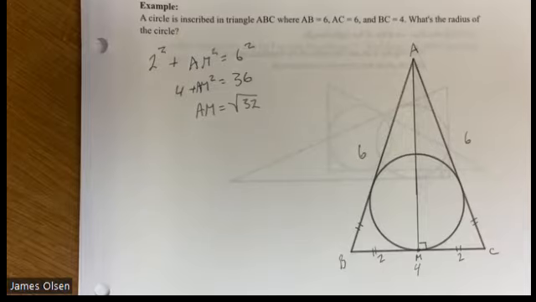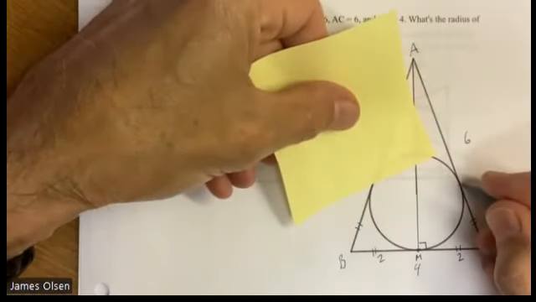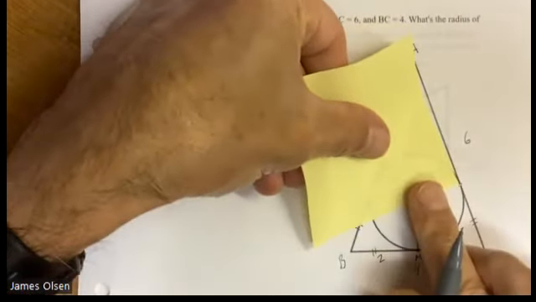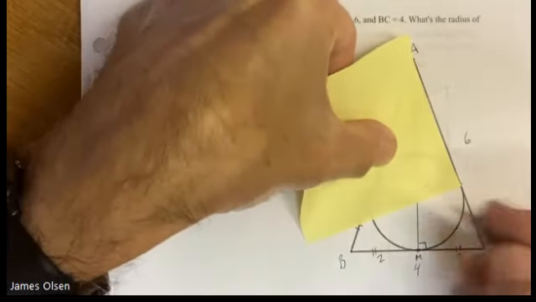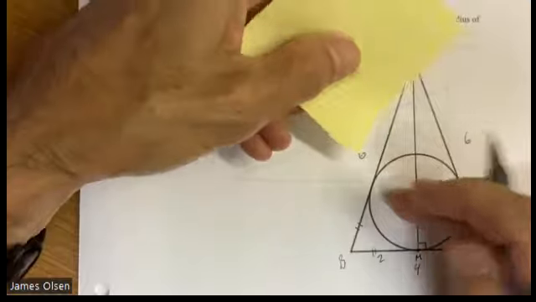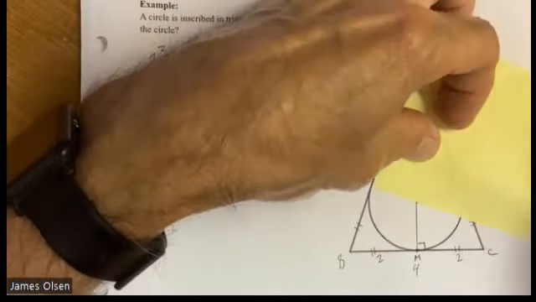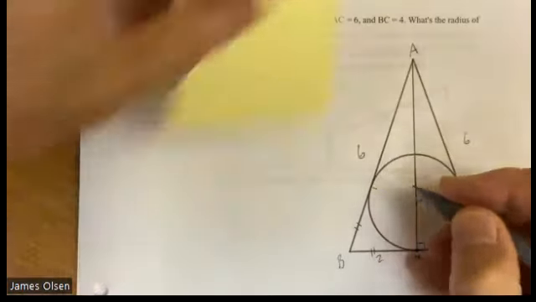Okay, now let's get the radii drawn in here. So let's draw in a radius here. And we're going to have one over here too. I don't know if I actually need it, but for symmetry, it might be nice to have it there.